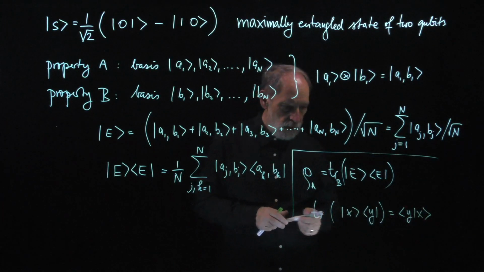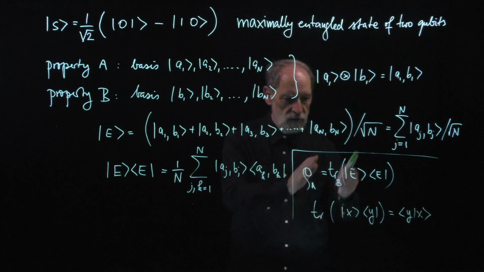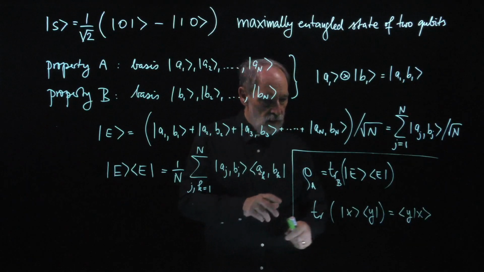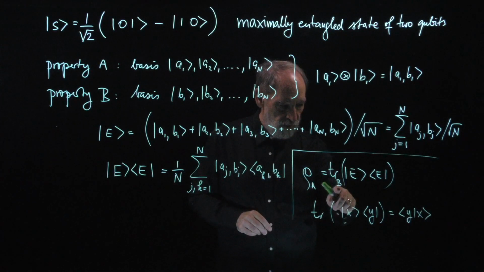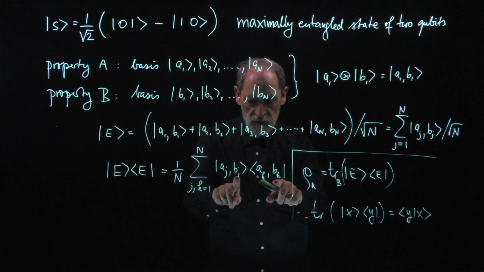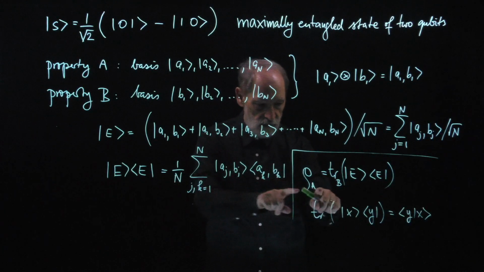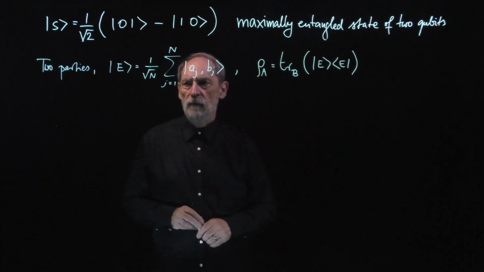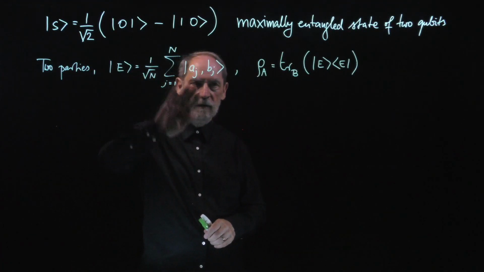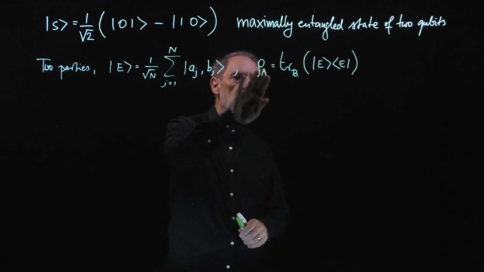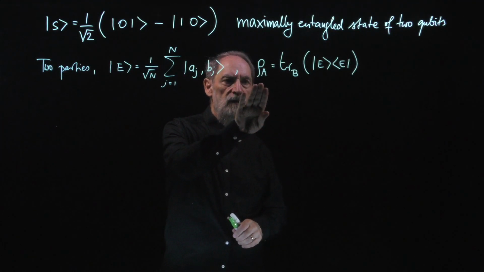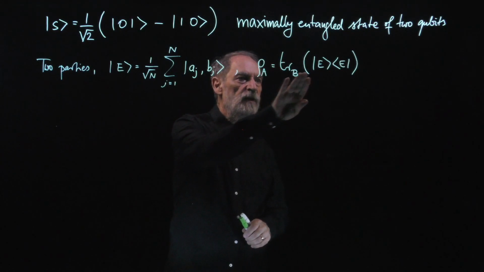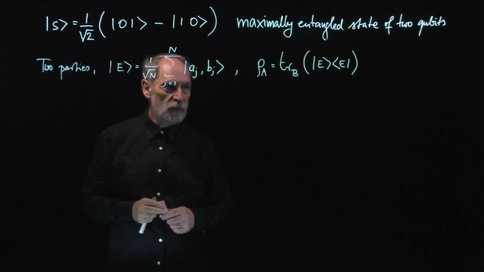So we are now applying this to this situation. However, keeping in mind that the trace only refers to the B's, does not refer to the A's. The A's will survive this procedure. So here we are. We made ourselves this entangled state, and now we are looking at the state for property A alone, which we get by tracing out property B.